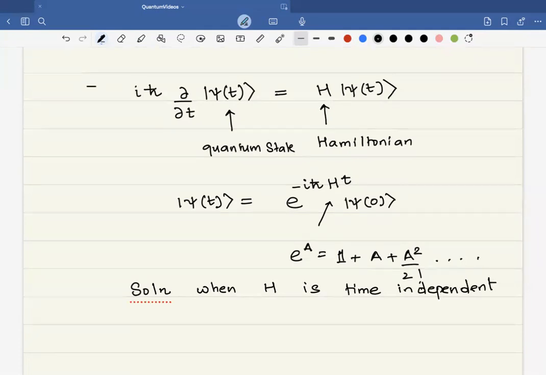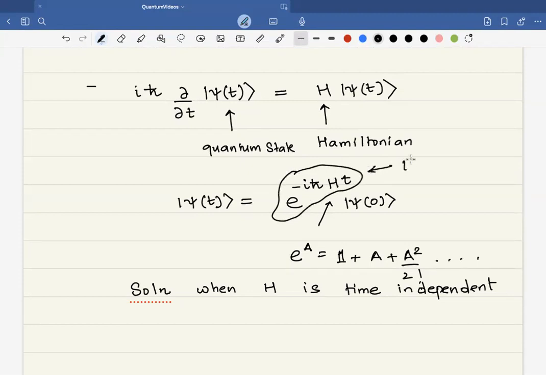So one can describe a quantum system, such as a spin system or any other quantum system, in terms of its Hamiltonian. And the dynamics of the system is governed by this operator, which is a unitary operator.